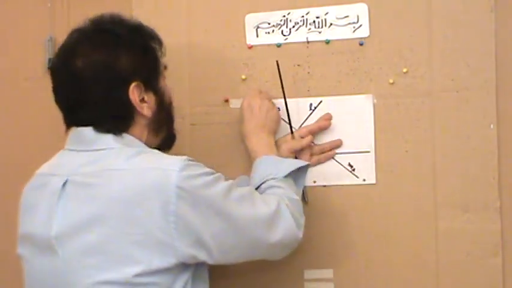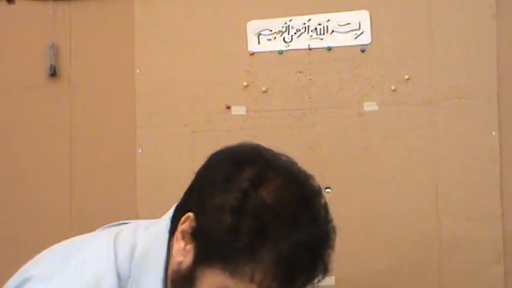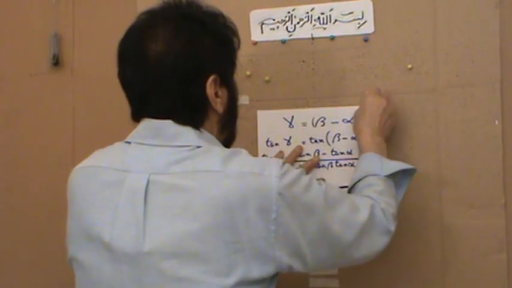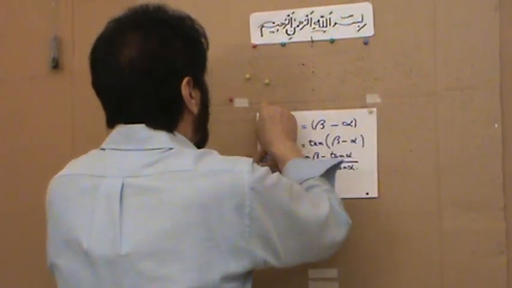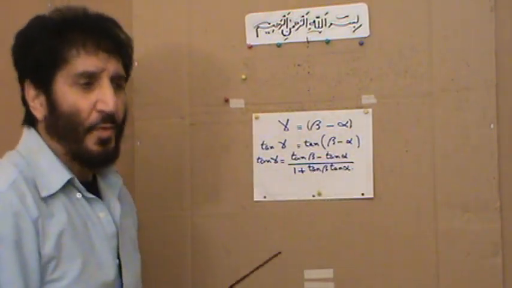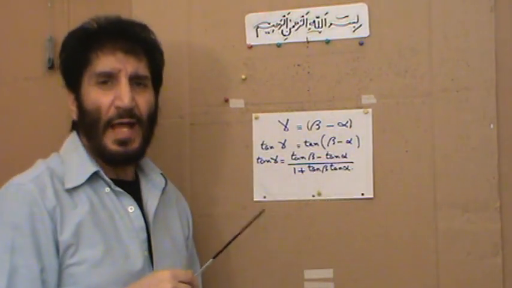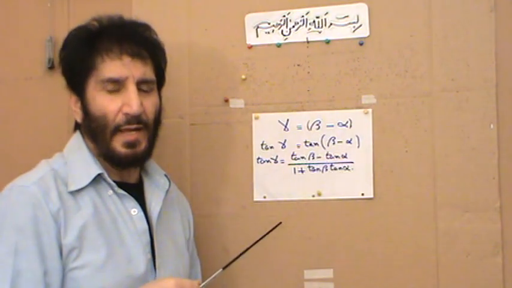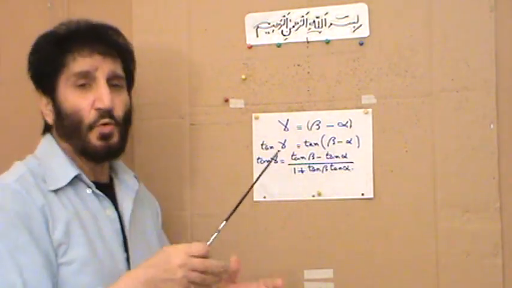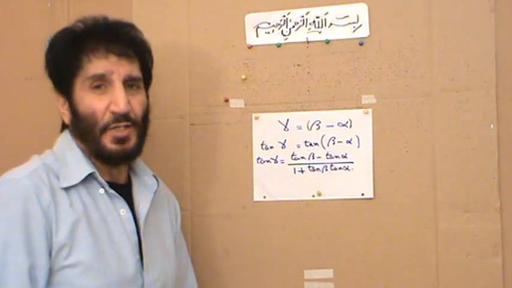Okay, now the next one. Well, the next one is some very elementary trig formula that you are familiar with. We already know that alpha equals gamma, minus beta minus alpha. We have already seen that. So if two angles are equal, their tangents are equal.